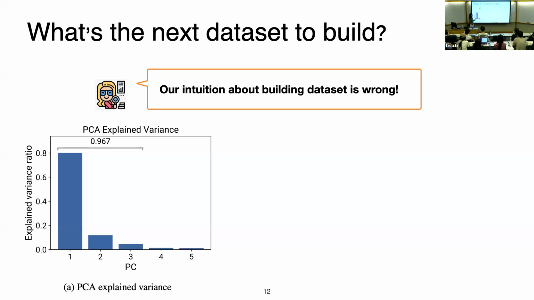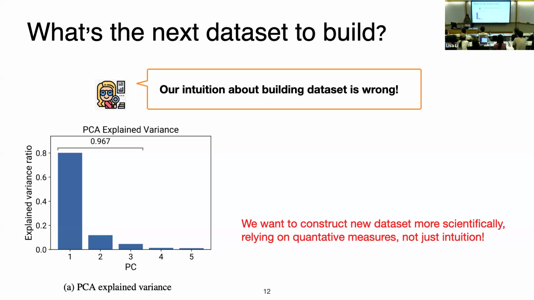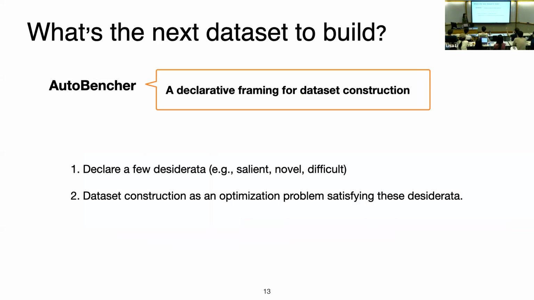And the first 3 principal components combined are able to explain up to 97% of all the variance in model performance. Also, because PC1 tends to be highly correlated with scale, this is a little bit sad because it means that by adding a new dataset, all we discovered is that this model is large. It's revealing the same information that scale could have told us. So we want to break out of this loop and design new datasets that don't conform with existing patterns, but instead we want to actively look for benchmarks that reveal interesting information.